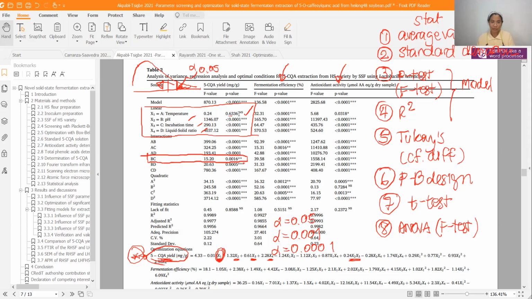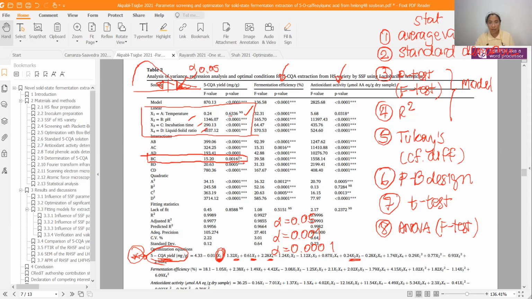You see that 0.0016, if you are doing the test at alpha 0.05 or at 95% confidence level, this one is significant, right? Because it's less than 0.05.